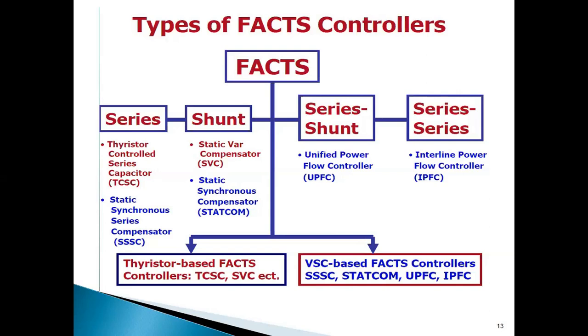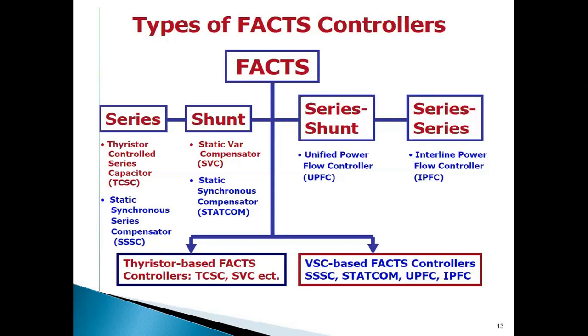So the first classification is based on the connection: series, shunt, combined series-shunt, and combined series-series. Examples I have given here. TCSC is a good example of a series FACTS controller, and the SSSC, static synchronous series compensator, is also an example of a series FACTS controller. In the case of shunt FACTS controllers, we have a few examples: static VAR compensator and static synchronous compensator.